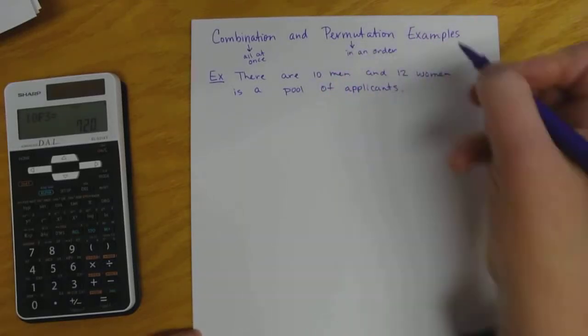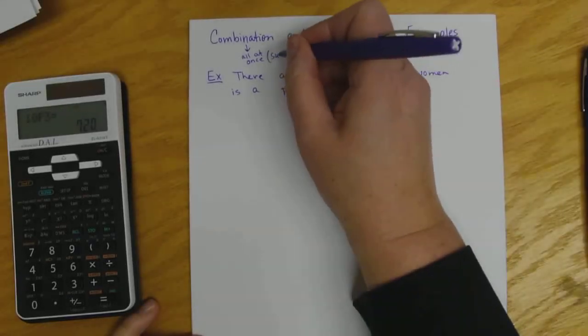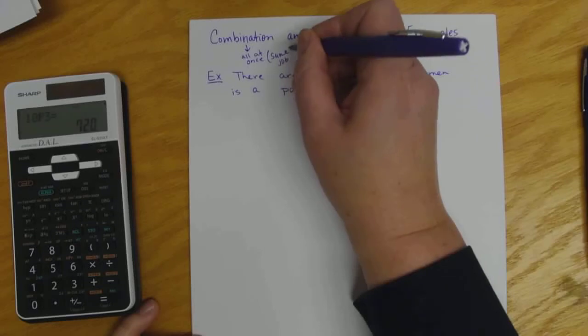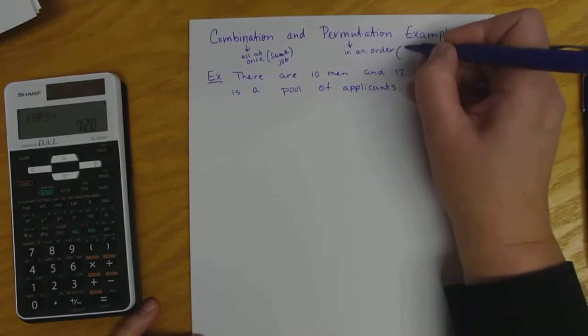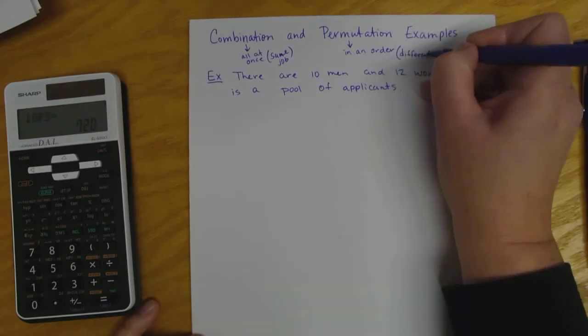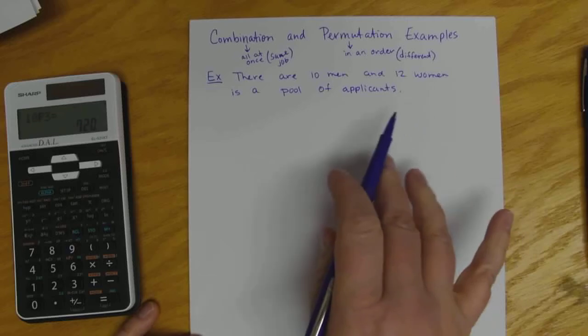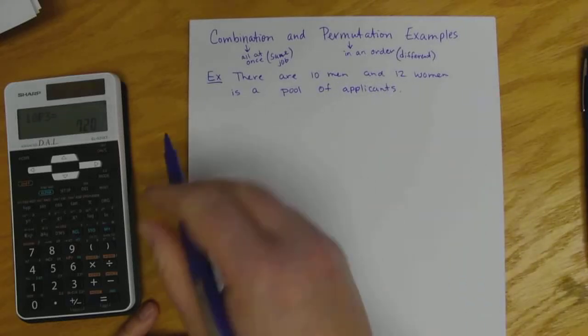But if you need to call their names in an order because they're getting something different, then that would be a permutation.